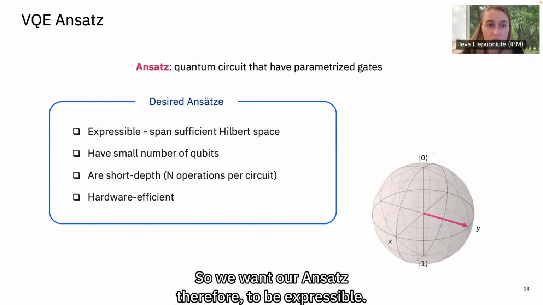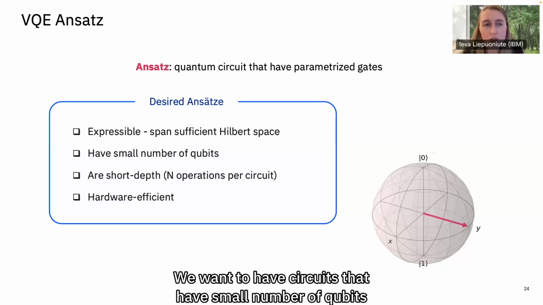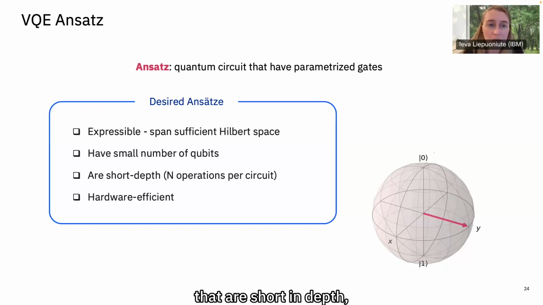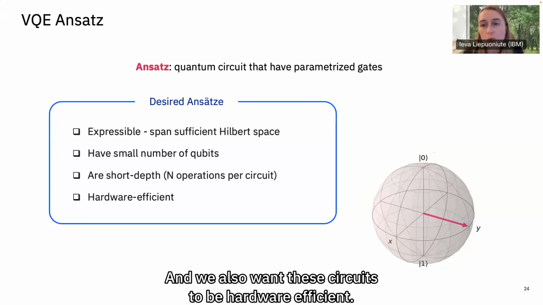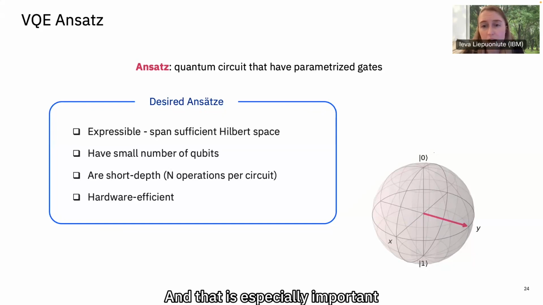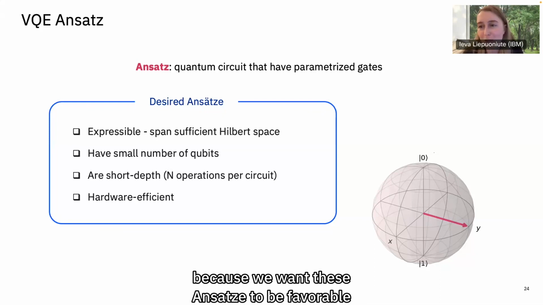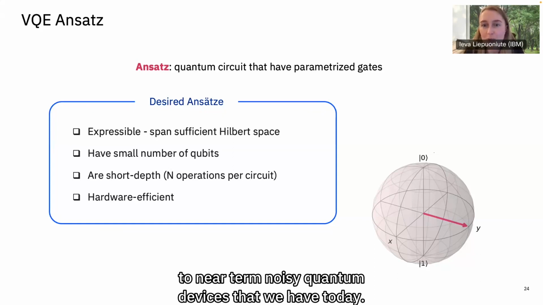So we want our ansatz, therefore, to be expressible. We want to have circuits that have a small number of qubits and are short in depth, which means we don't want too many operations per circuit. And we also want these circuits to be hardware efficient. That is especially important because we want these Ansätze to be favorable to the near-term noisy quantum devices that we have today.